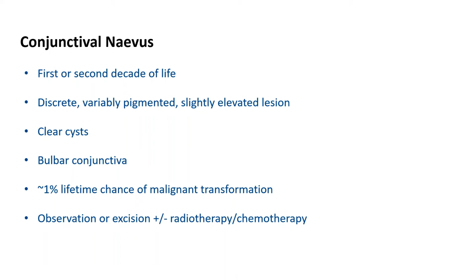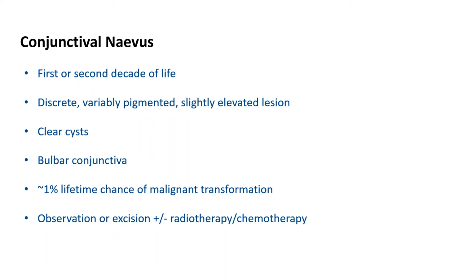And it is calculated that there is about a 1% lifetime risk of a conjunctival mole transforming into a melanoma. So usually I wouldn't advise any specific treatment other than just observation.